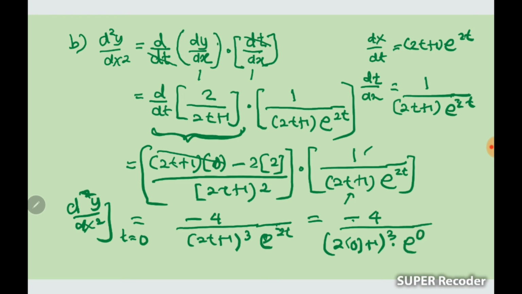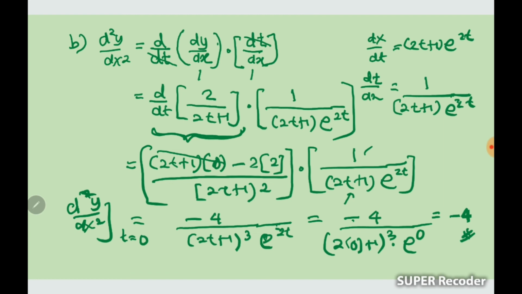Simplify, and the denominator becomes 1. So the final answer is negative 4.